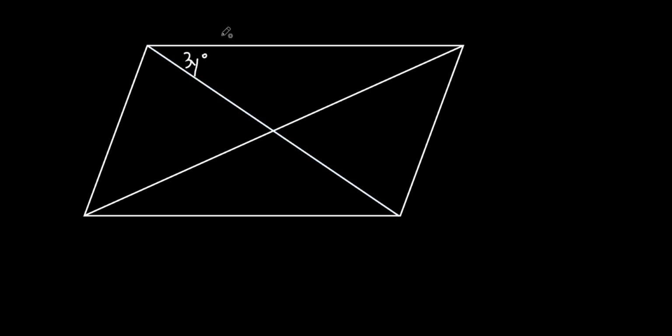So that's 3y degrees. This is 2x plus 5 degrees. This angle right there, this one is x. This is 2y. And this is y plus 5. All right, so we got to figure out what's equal to what. Look at the 3y and look at the 2x plus 5.